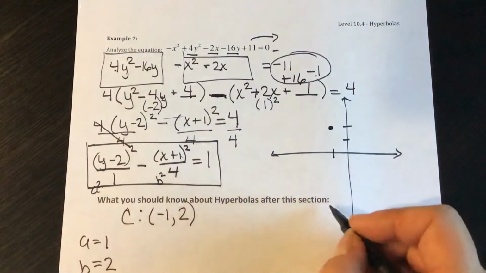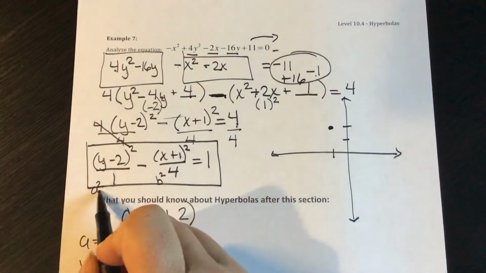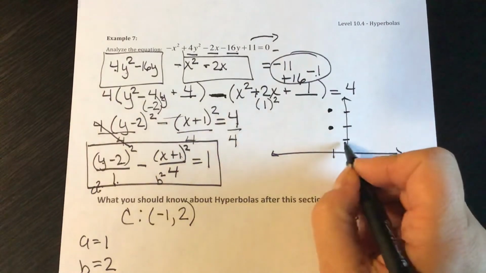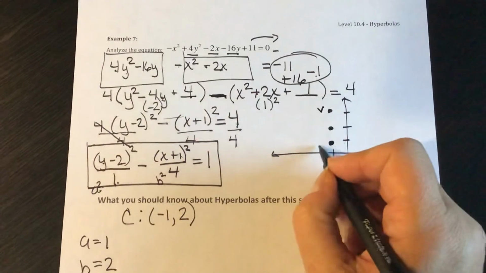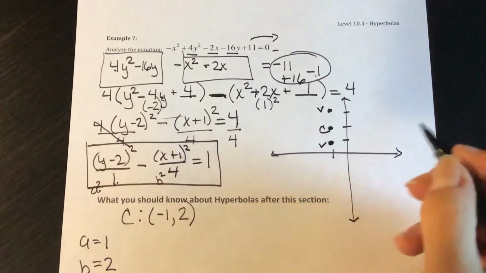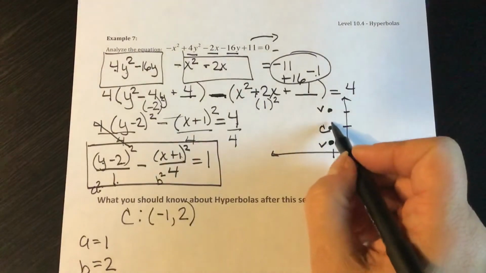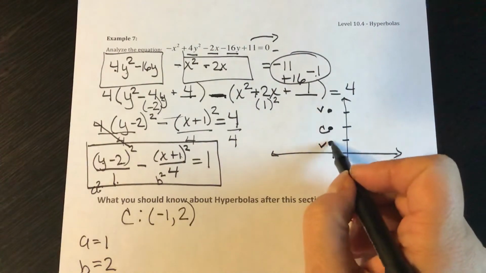My transverse axis is going to be parallel to the y-axis. So this tells me I'm going to go up and down 1. So up 1 and down 1. And these are my vertices. Here's my center. If I label these, my center is -1, 2. My vertices are -1, 3 and -1, 1.